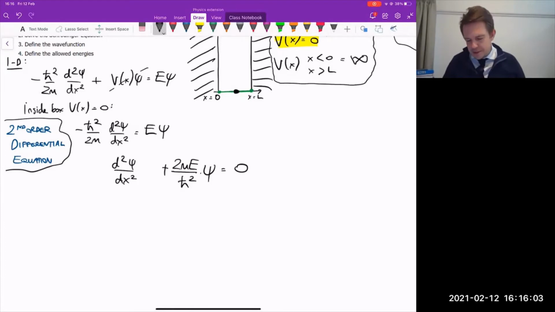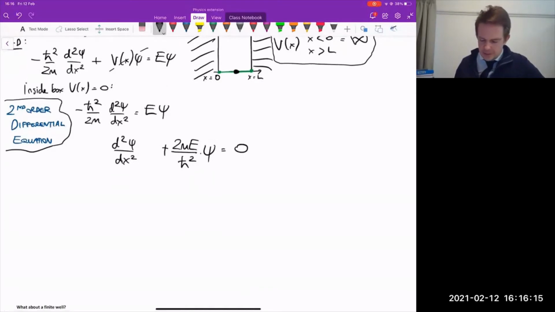So I've rearranged and then brought both terms onto the left-hand side. Now, I'm not going to teach you further maths right now.